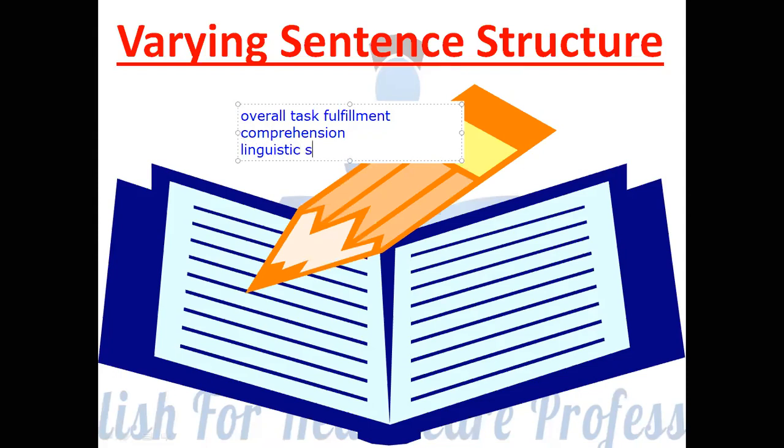So obviously linguistic skills is the main criteria which looks at your ability to frame a variety of sentences. The criteria in OET is not only grammatical accuracy. Okay? It is grammatical range and accuracy. That means you should be able to frame a variety of sentence structures with correct use of grammar.